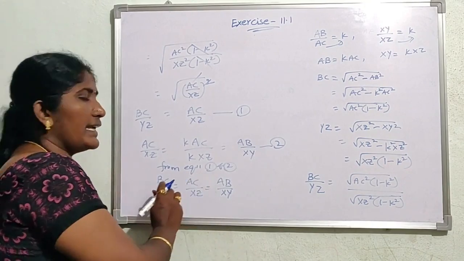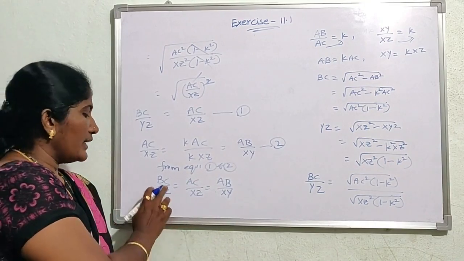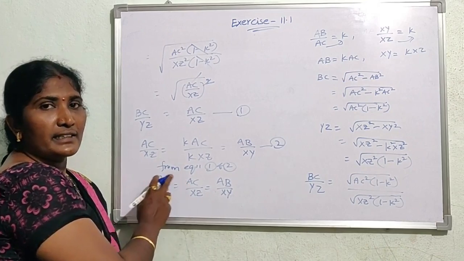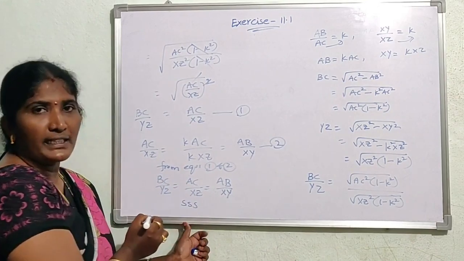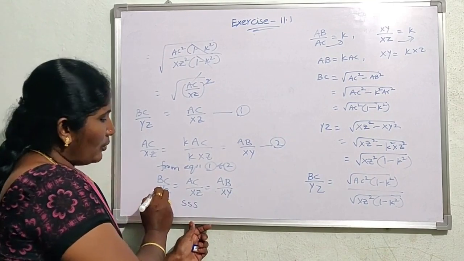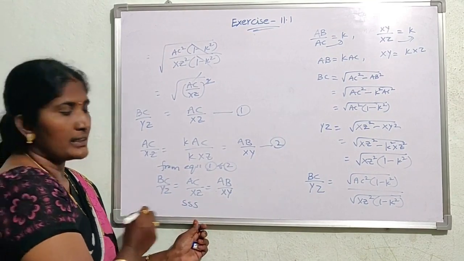So in these two triangles, triangle ABC and XYZ, we got ratios of three sides are equal. By SSS criterion of similarity, both triangles are similar to each other.